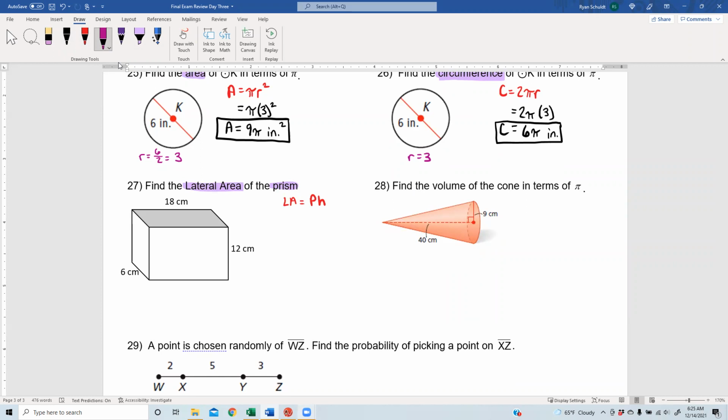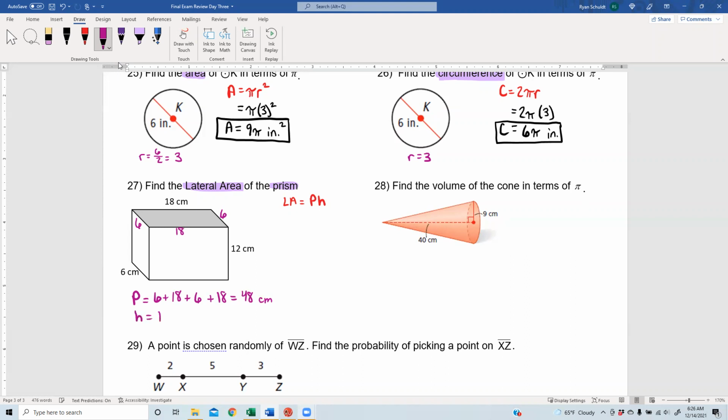So our base, they actually shaded it in for us. They were nice enough. So I need to find the perimeter of this base. So 6 plus 18 plus 6 plus 18. It's going to give us 48 centimeters.